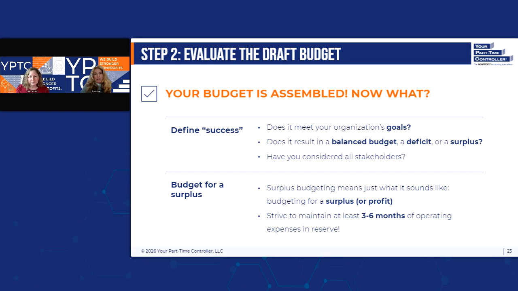So now that we have finally assembled our budget, what story does it tell? As you evaluate your budget in this step 2, does it meet your organizational goals? Does it result in a balanced budget, a deficit, or a surplus? We definitely do not recommend deficit budgeting.